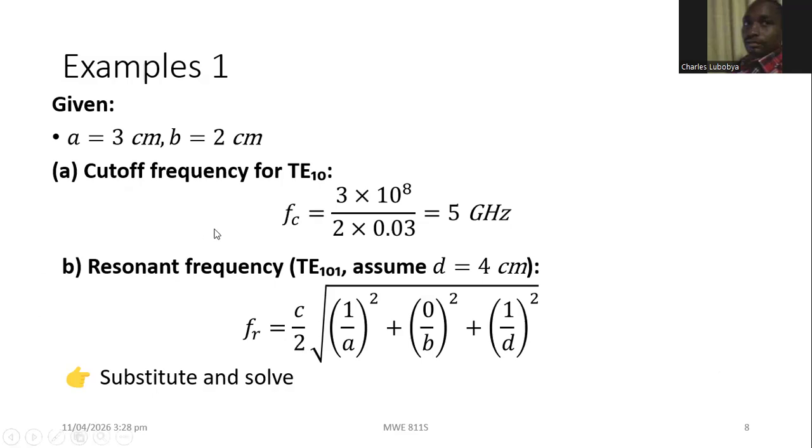So substituting that in the resonant frequency equation, you have your M equals 1, your N equal to 0, your P equal to 1, and then substituting the values of A, which is 3 centimeter, and B, which is 2 centimeter, and for D, which is also 4 centimeter.